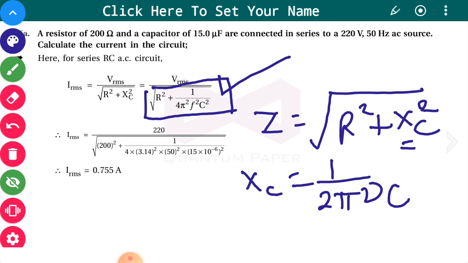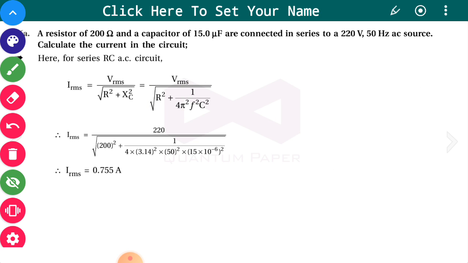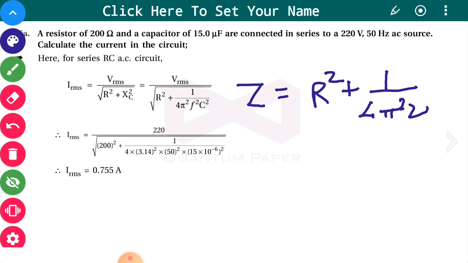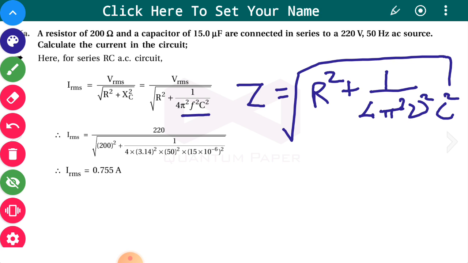So impedance Z is the square root of R square plus 1 upon 4 pi square nu square C square. Now IRMS is VRMS upon Z, so that value is substituted.